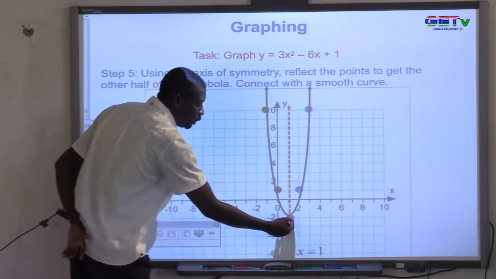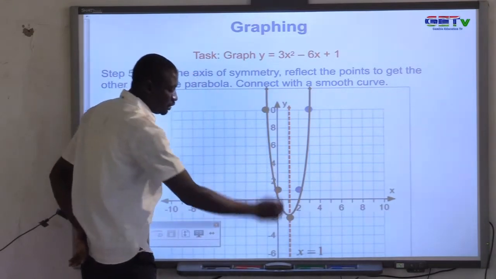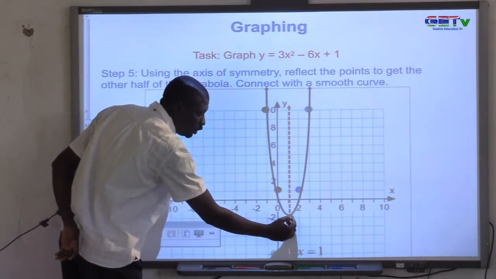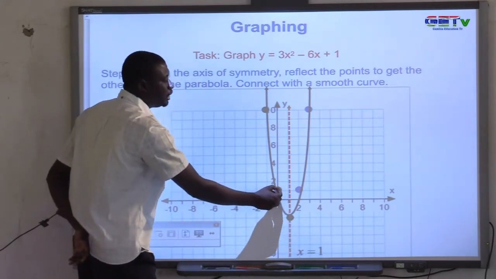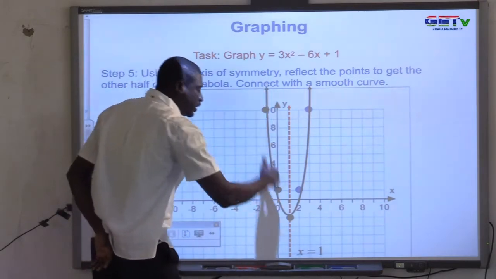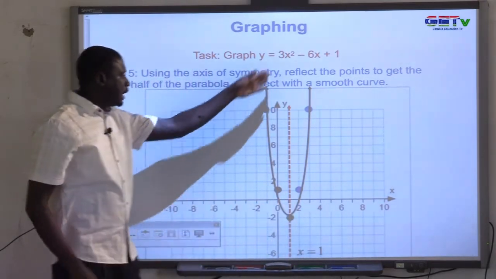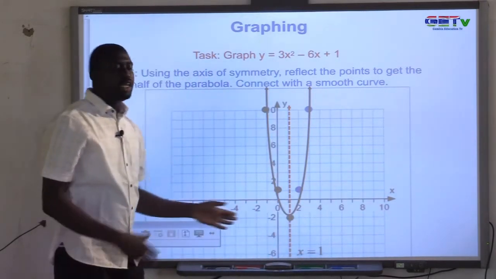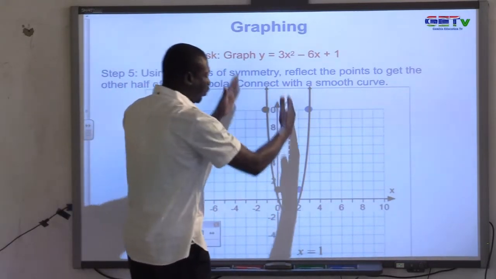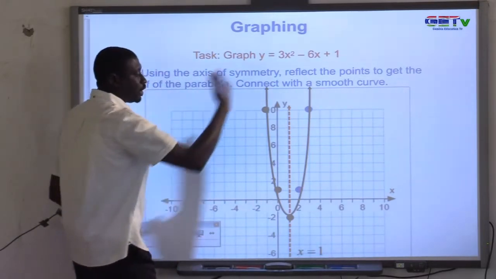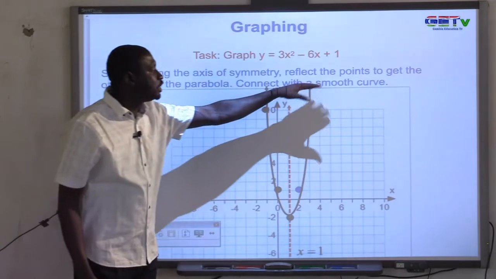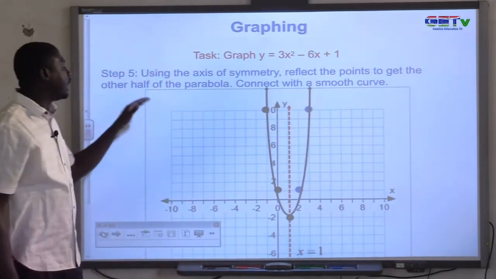We're going to draw a smooth curve with a pencil from this point here, that is 1 and -2, the coordinate point. We connect it with the y-intercept, then to the last point that we've solved. If you get this half, this line of symmetry is sort of a mirror image of the two halves. One side is solved. To get the other side, we are going to connect, that's what it says here, reflect the points to get the other half of the parabola.